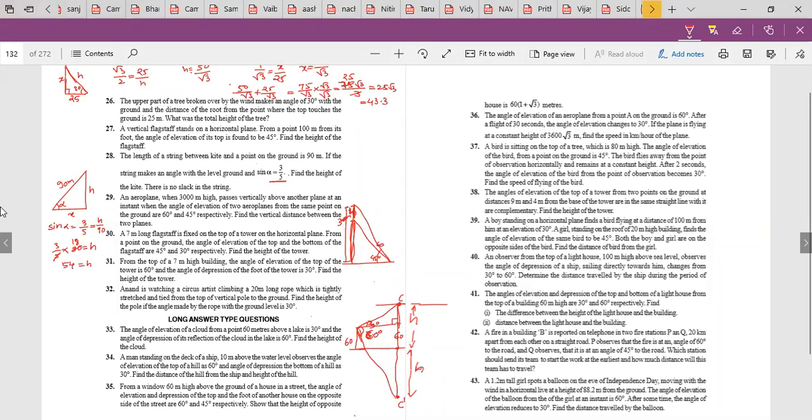For this triangle, suppose this is point E. So CE will be h minus 60 and C dash E is equal to h plus 60. So we are supposed to find h. Okay, ma'am.